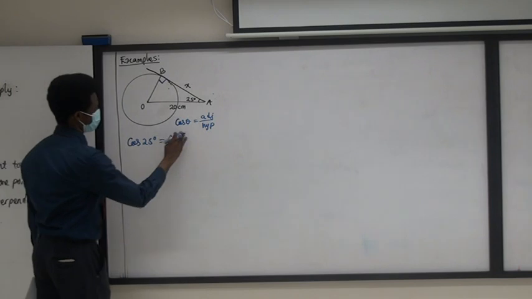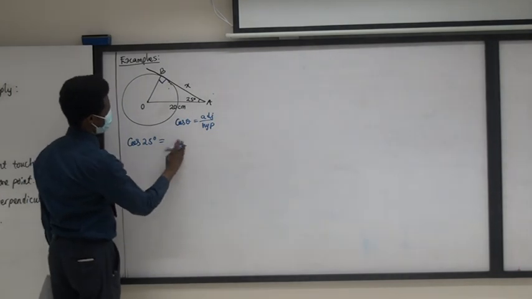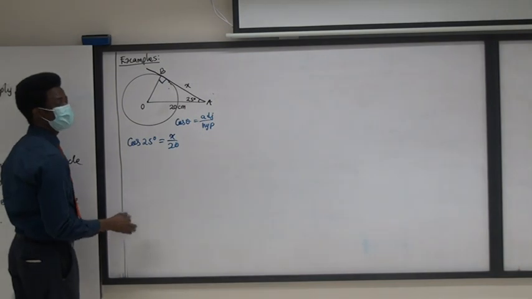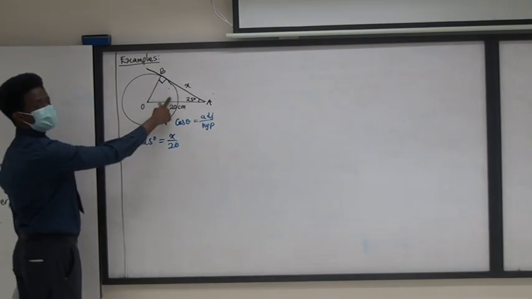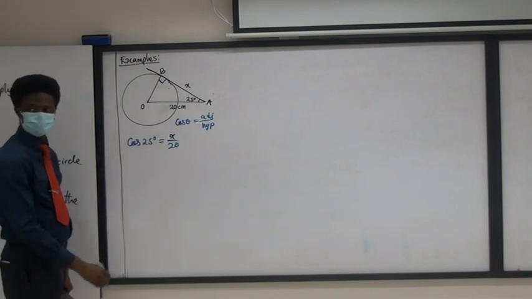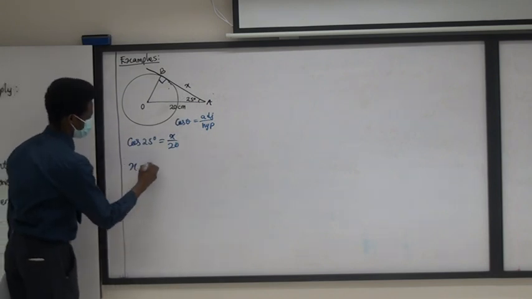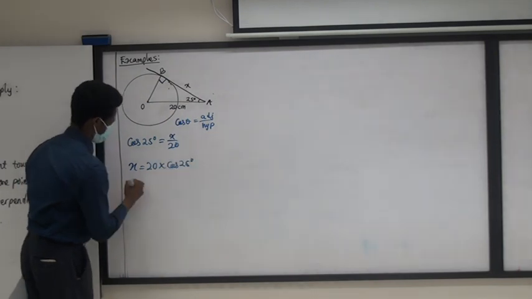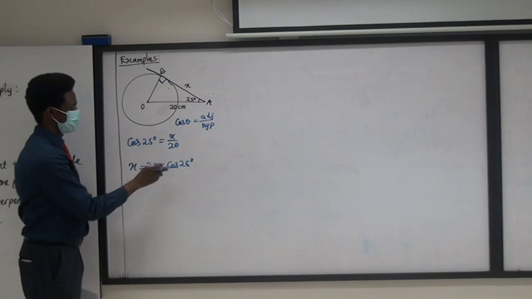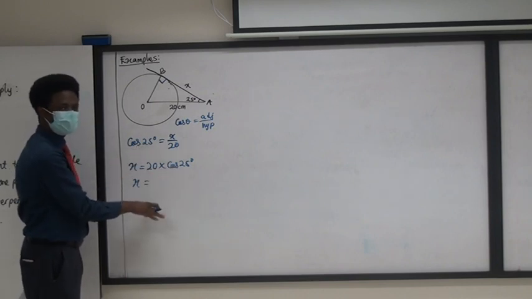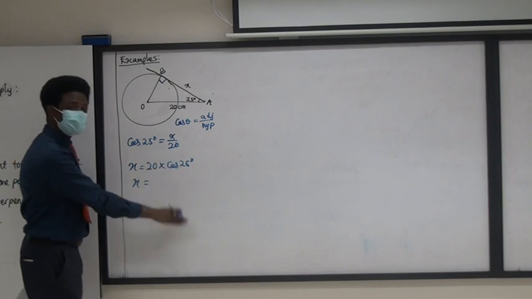You don't even need to write this AB stuff. Just write it as x over 20. If this is perpendicular, this is hypotenuse, this is adjacent, because this is opposite of 25. Remember that? Good. So x is simply 20 multiplied by cos 25. I keep telling you, stop calculating what is cos 25, 0 point something. Leave it as cos 25 until the last step.